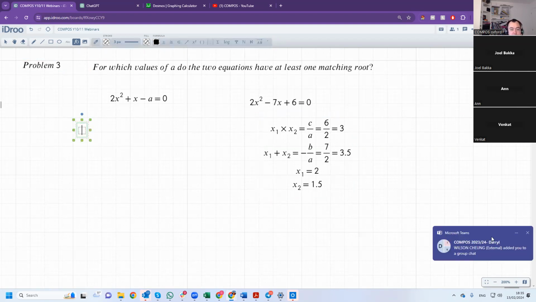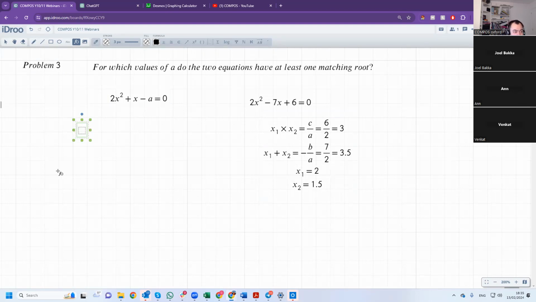And here you can express x1 and x2 in terms of a. So we can find the discriminant. Discriminant is b squared minus 4ac, so 1 plus 8a.